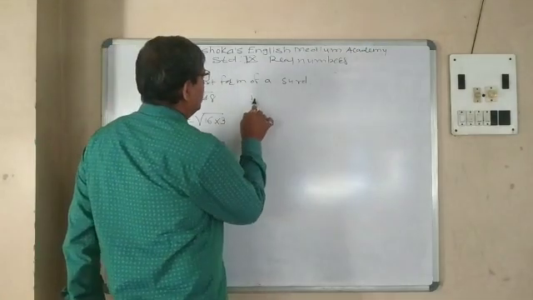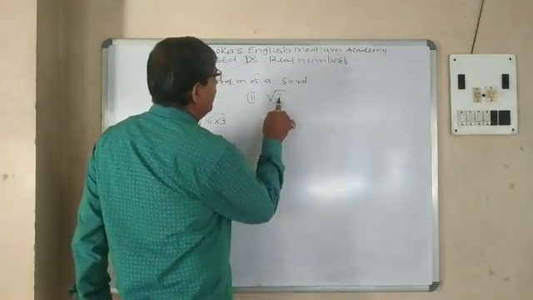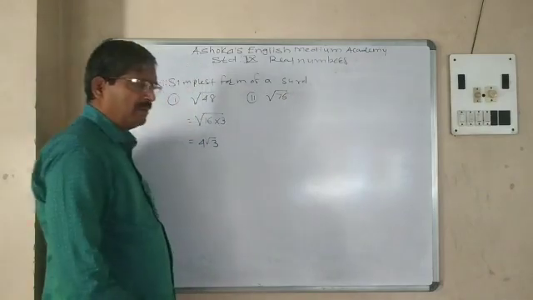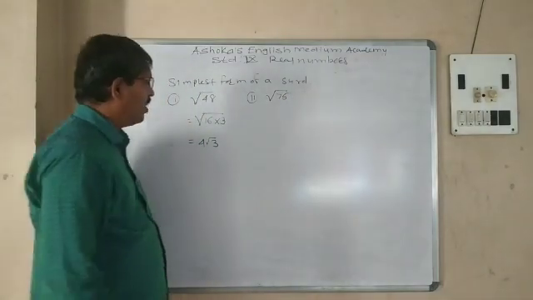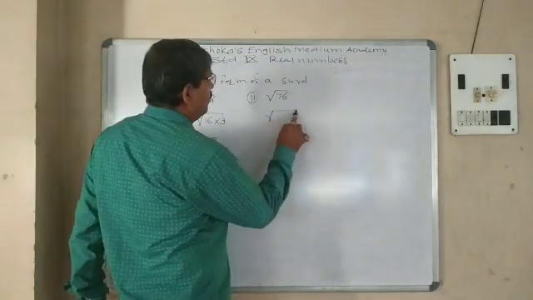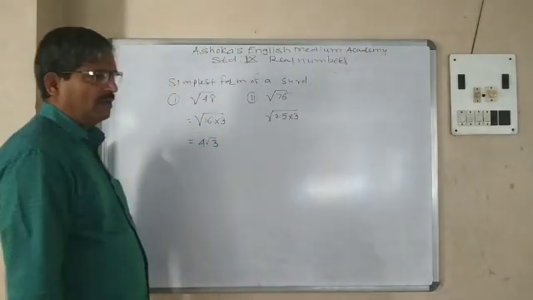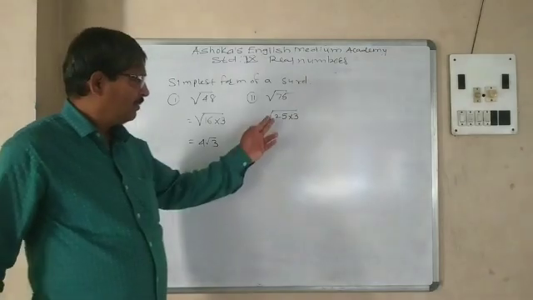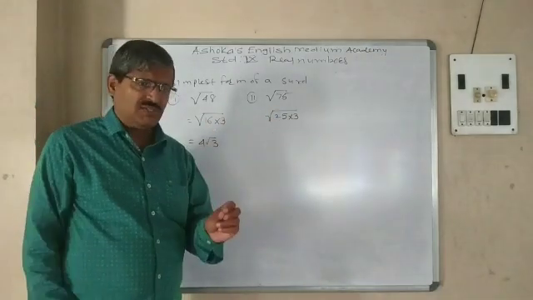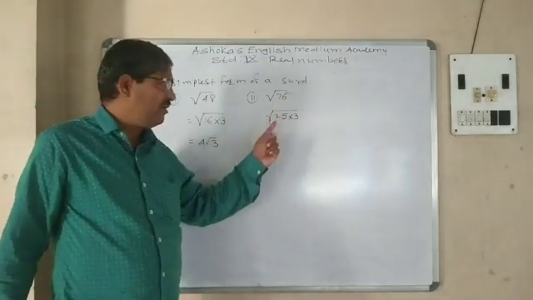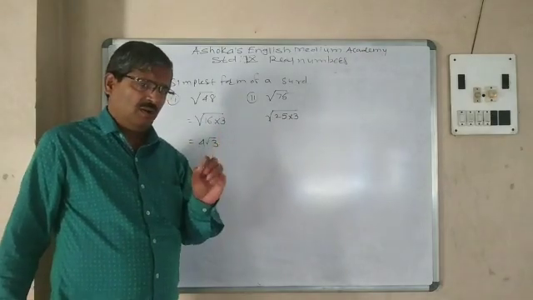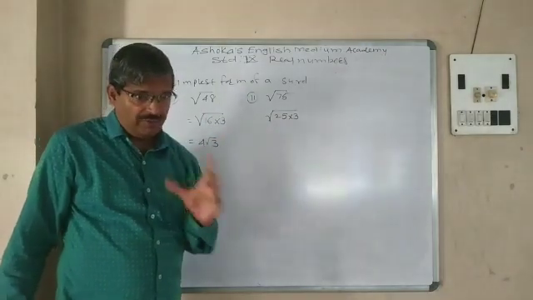We will take another example. Suppose here under root 75. Then what will you take? Two numbers are taken, 25 and 3. 25 is the greatest number after splitting 75 whose square root can be calculated.